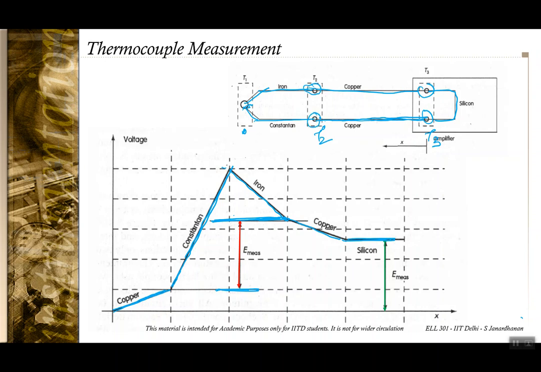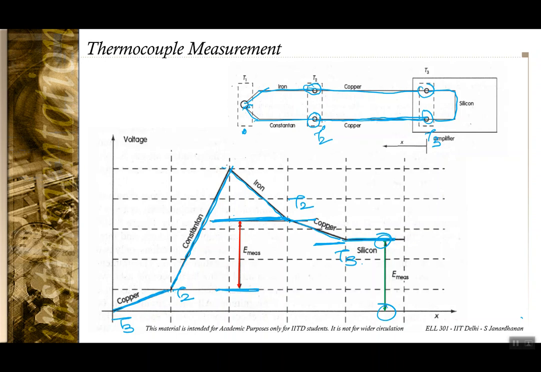What you are actually measuring is this EMF, and if we are sure that these two are the differences of these two junctions. So this is at T3, this is at T2, this is at T2, this is at T3.